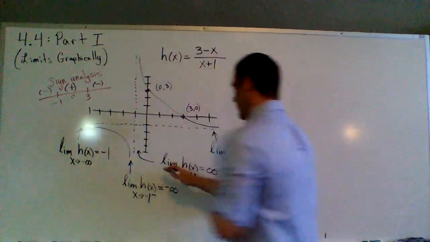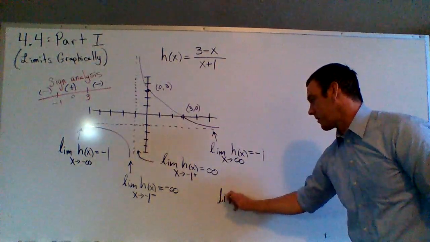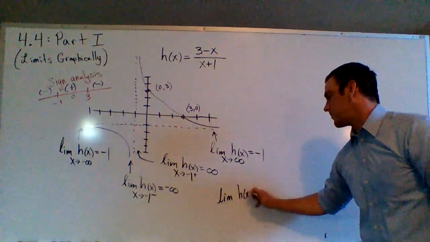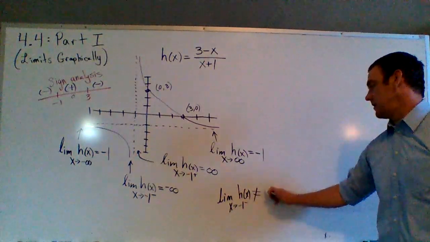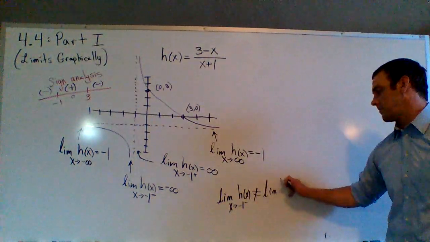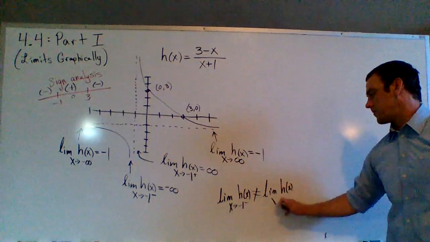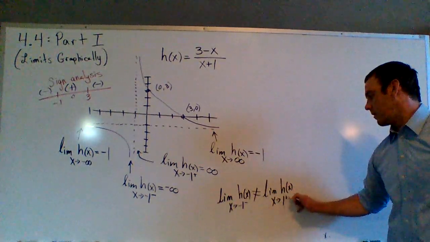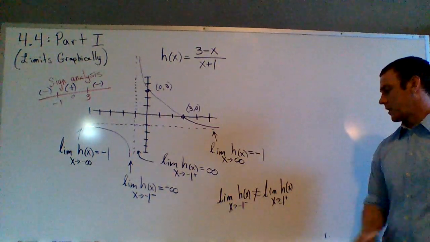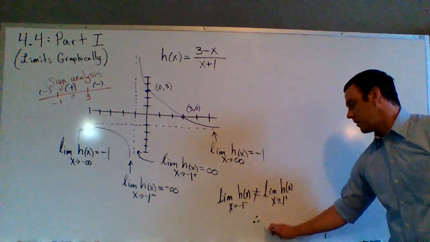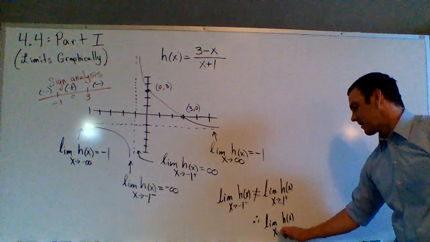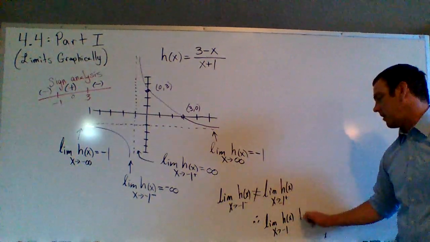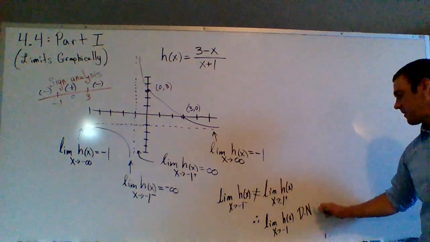Now my left-hand limit does not equal my right-hand limit. Therefore, the limit of h of x as x approaches -1 does not exist.